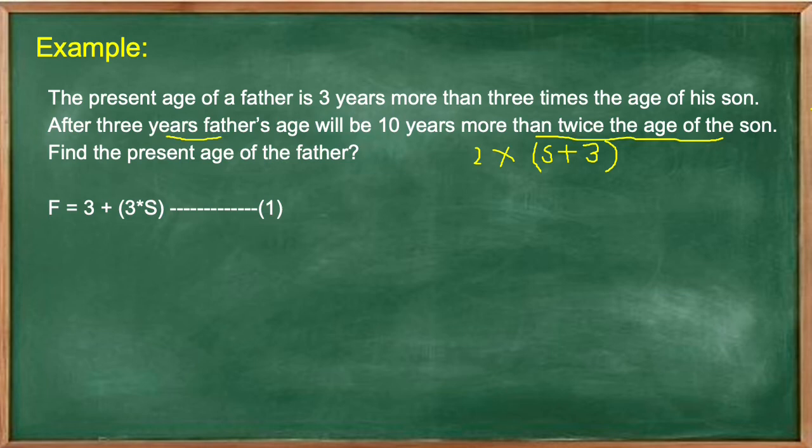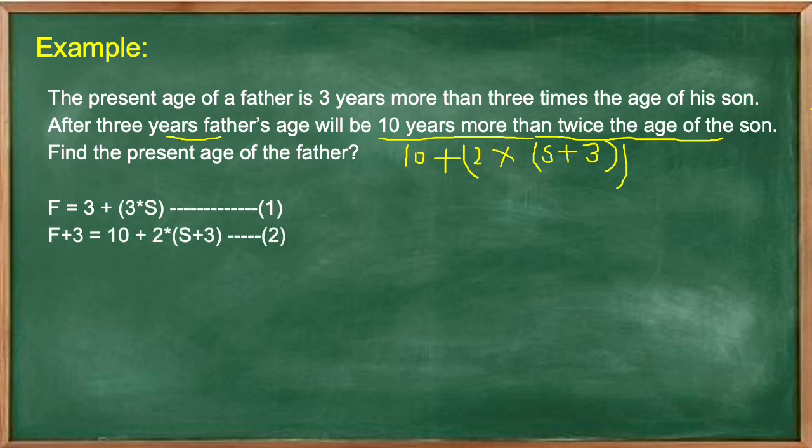And 10 years more than this means 10 plus 2 into (S plus 3). And this can be written as F plus 3 is equal to 10 plus 2 into (S plus 3). This is our second equation.